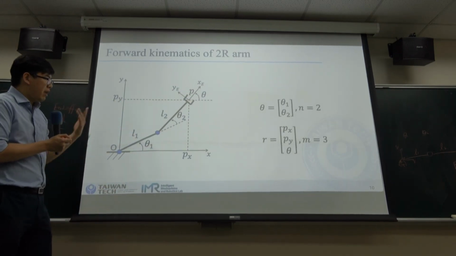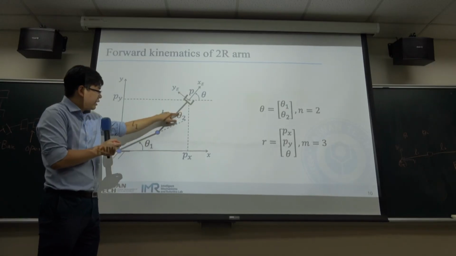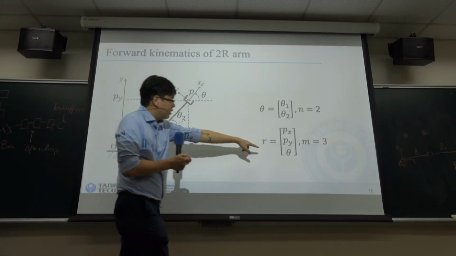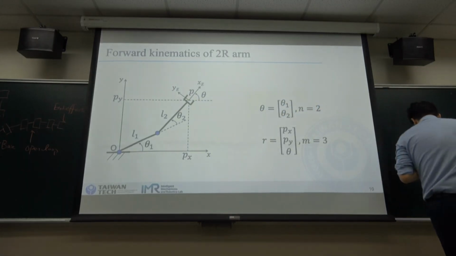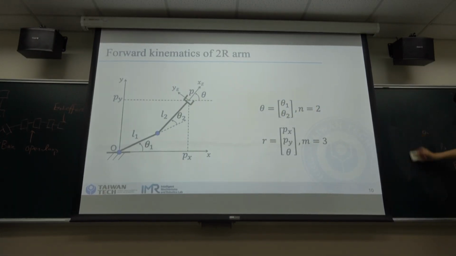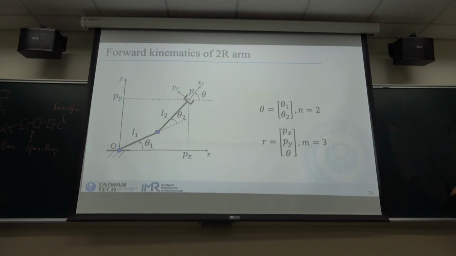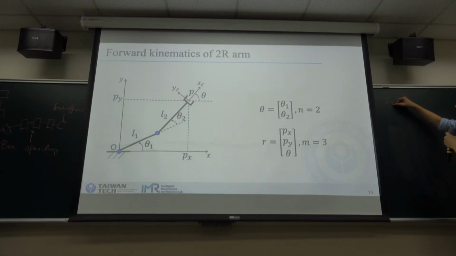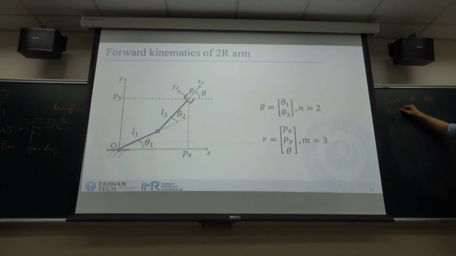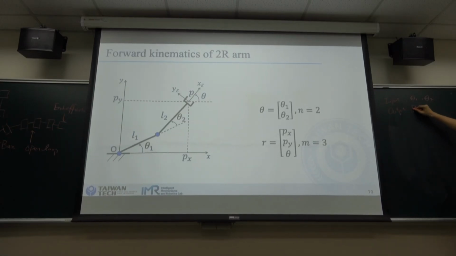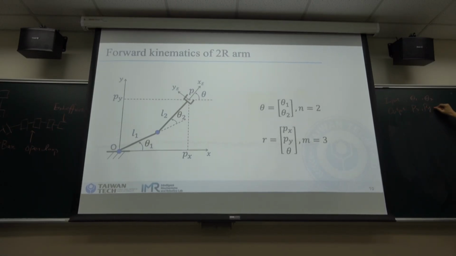So how can we map theta 1 and theta 2 to Px, Py? This is the forward kinematics problem. The input is theta 1 and theta 2, and the output is Px, Py, and theta.